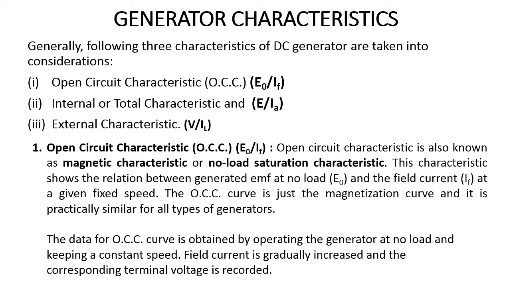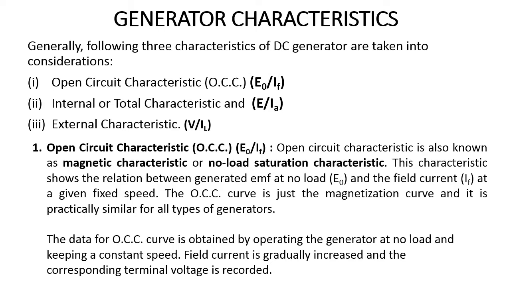So first we'll take open circuit characteristics, OCC. Open circuit characteristics is also known as magnetic characteristic or no load saturation characteristic. This characteristic shows the relation between the generated EMF at no load, that is E0, and the field current IF at a given fixed speed.